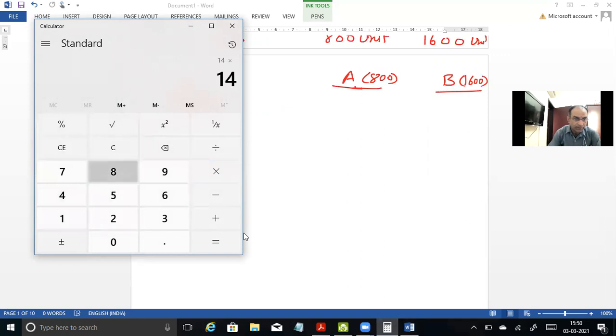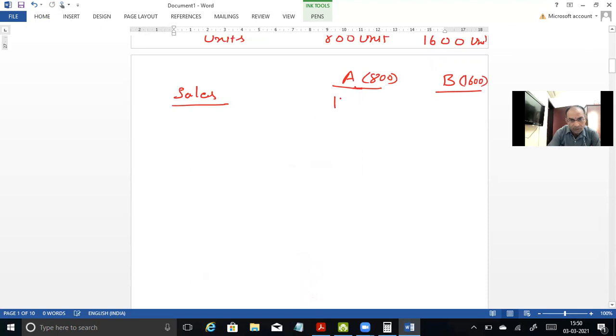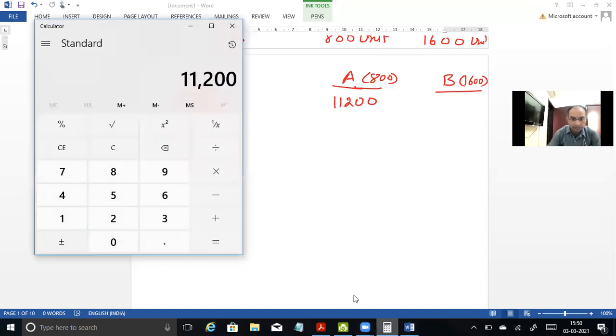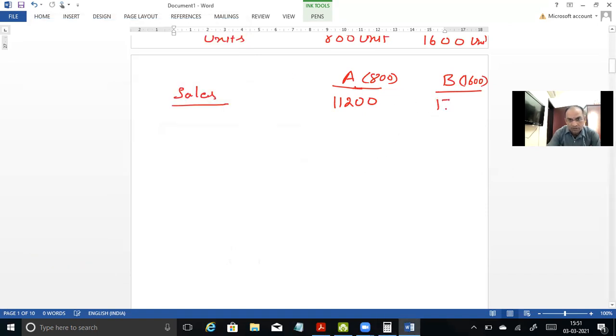Multiply by 800, total sales will be 11,200 for product A. And for product B, selling price is 11. So 11 into 1,600 comes to 17,600. So this is sales.